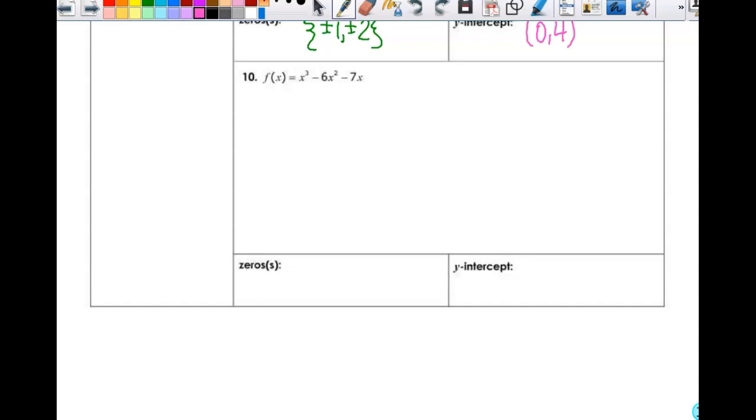Make sure that you are factoring out your GCF first, otherwise you're just going to stare at it. So you can't get to the binomial part until you have factored out your GCF.